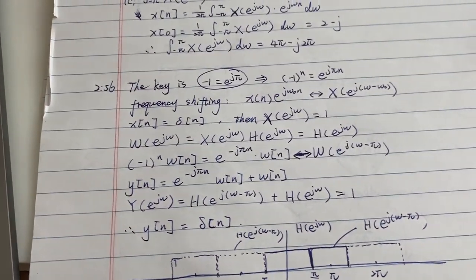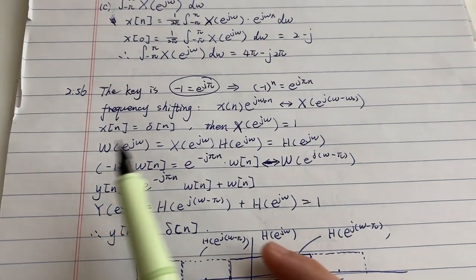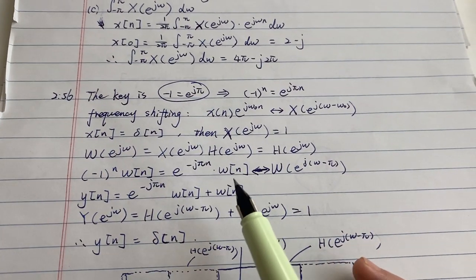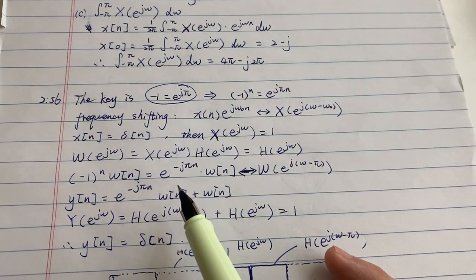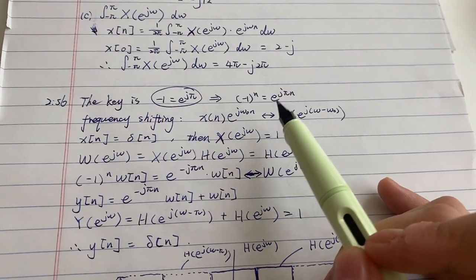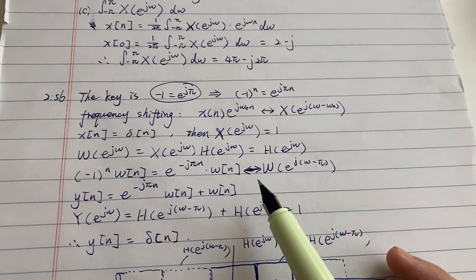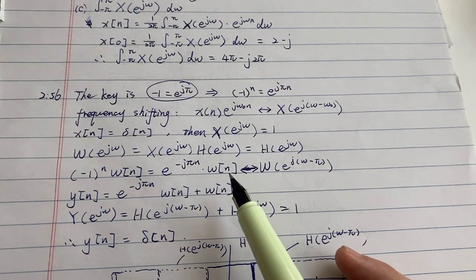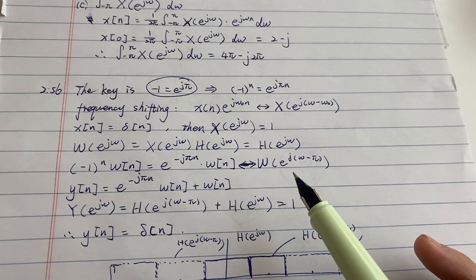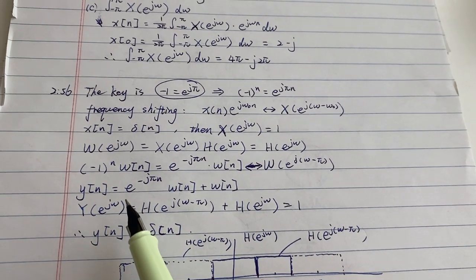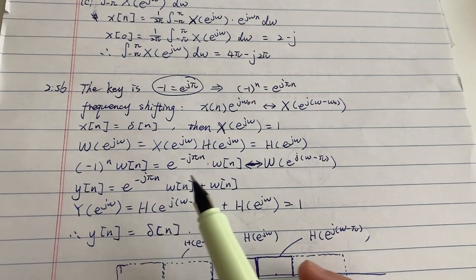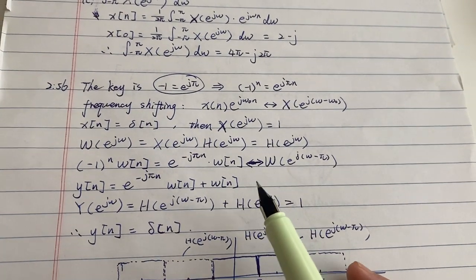So next, we're going to calculate -1 to the power n multiplied by w[n], which equals this. And as this term equals -1 to the power n, we can get that this can be written into this term in the frequency domain.